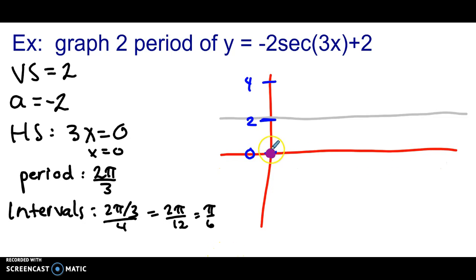So just as a review, we know we're starting at 0, and I'm going to be pi 6 away every time. So this is pi 6.